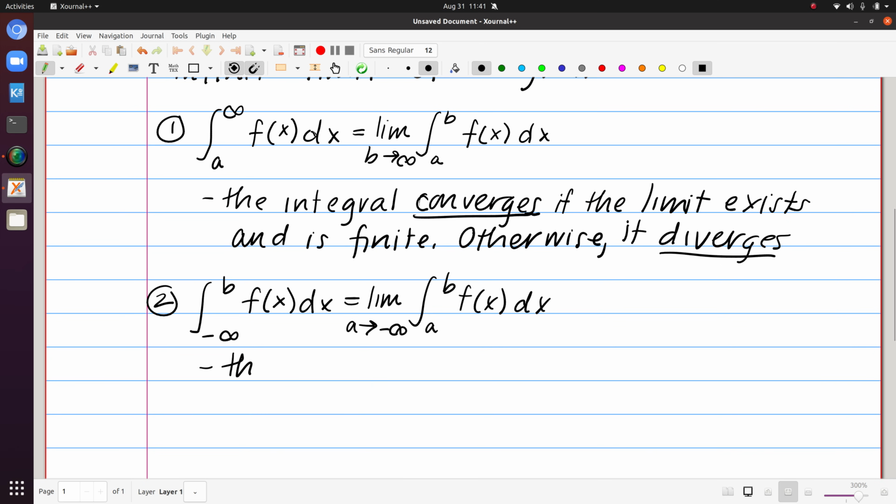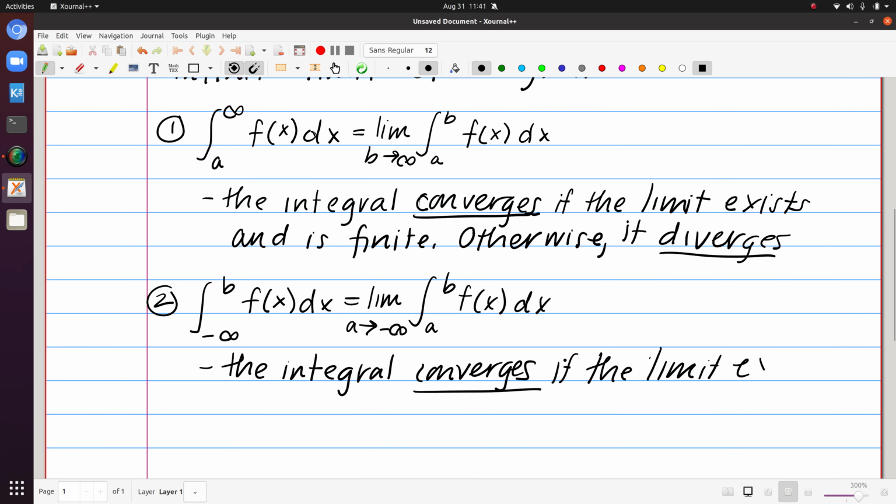And we have the same terminology. This integral, we would say, converges if the limit exists and is finite. And then otherwise, we're going to say that it diverges.